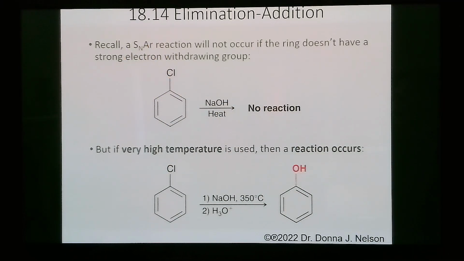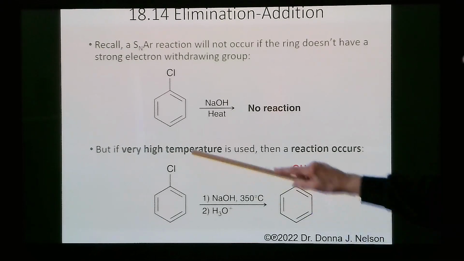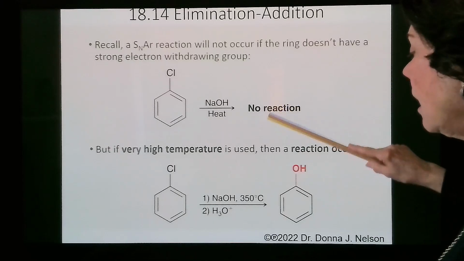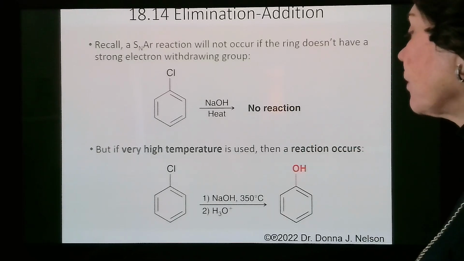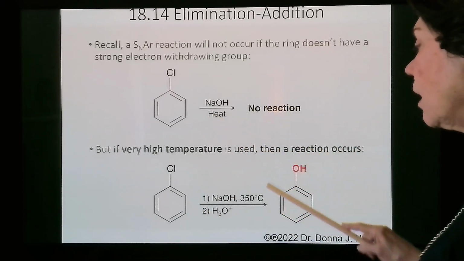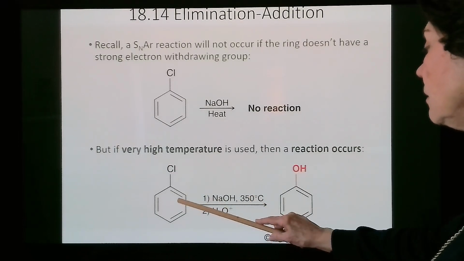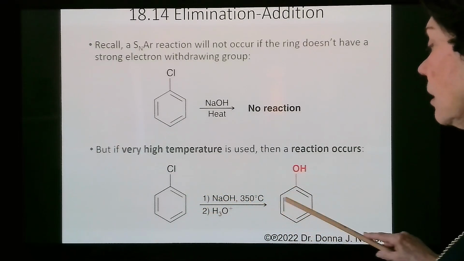It won't occur if the ring doesn't have a strong electron withdrawing group. So here, this reaction will not occur. But if you have a high temperature, this reaction can occur.